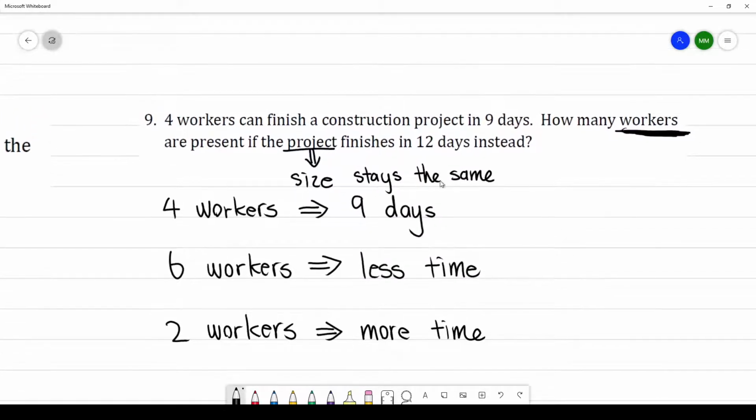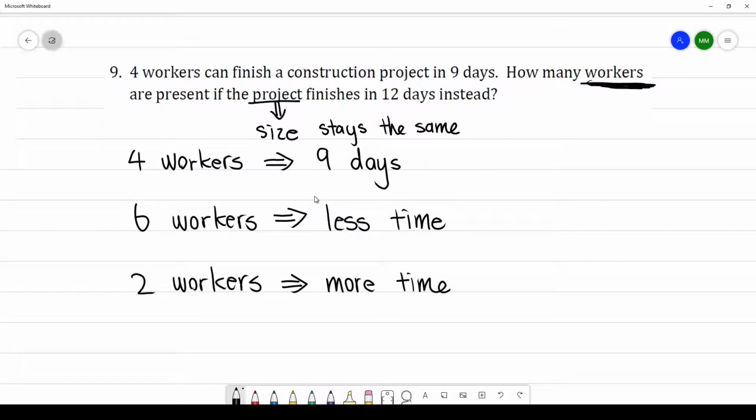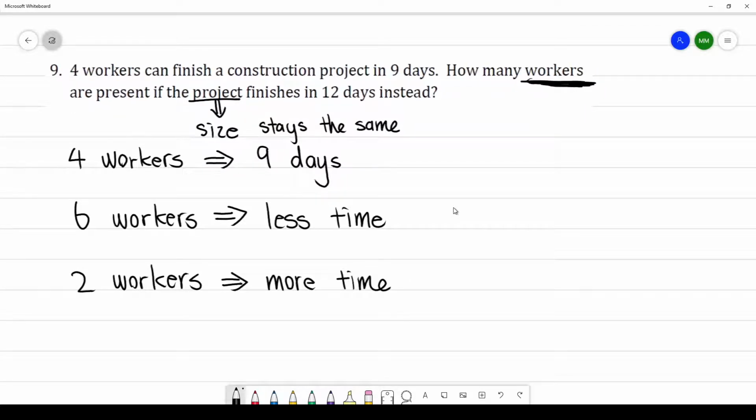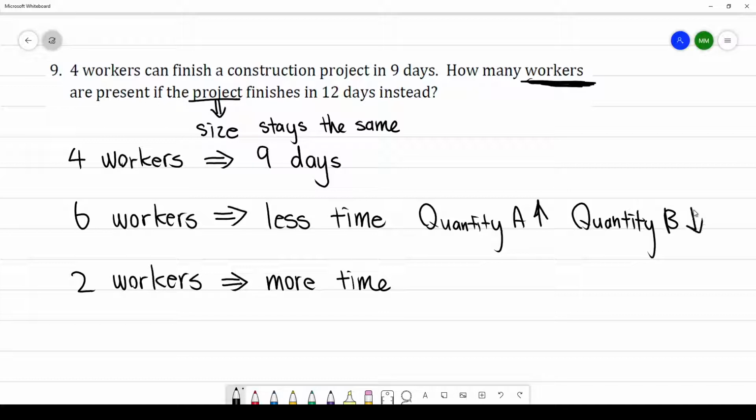Now look at this relationship: when one quantity goes up, the other quantity goes down. So quantity A goes up, quantity B goes down. And here, quantity A goes down, quantity B goes up.